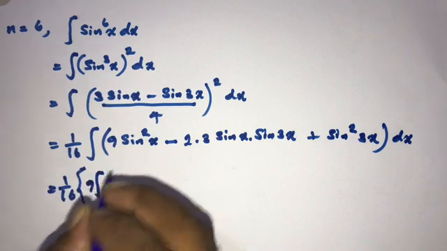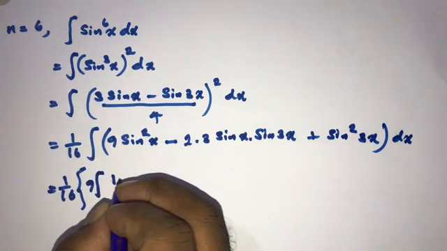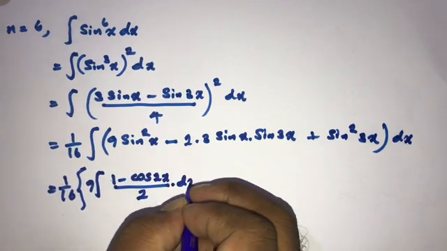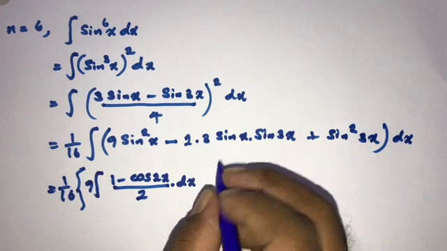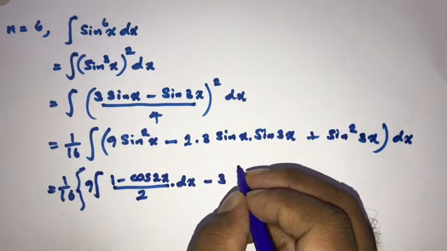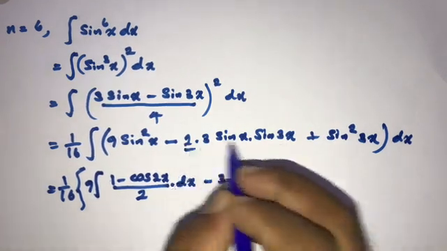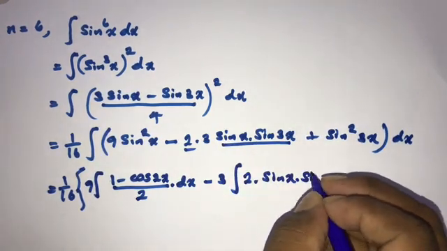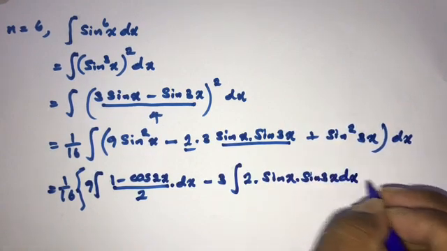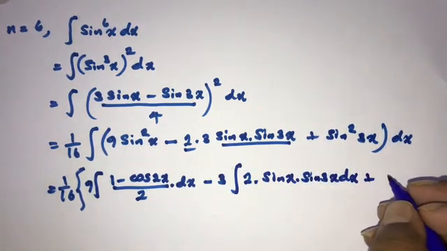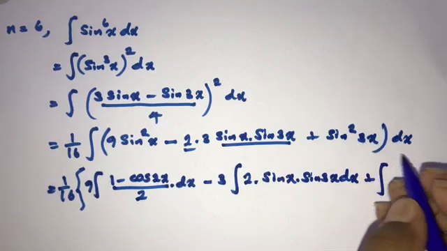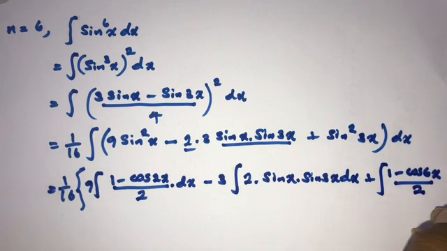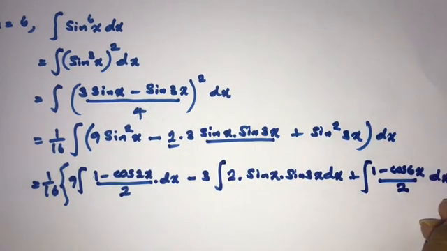Okay, now we can write 1 over 16 times the integral of 9 times sine square x, which is equal to 1 minus cosine of 2x over 2 dx, and now 3 times the integral of 2 sine of x sine of 3x dx, plus this is 1 minus cosine of 6x over 2 dx.